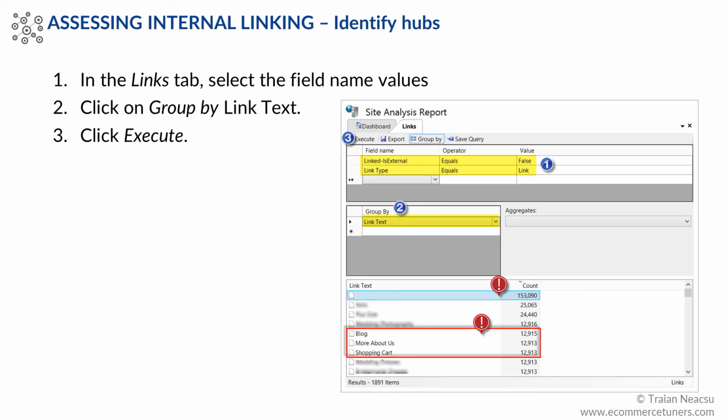In the New tab, select the field name values as depicted in this image. In the Group tab, select Link Text from the dropdown. Then click Execute. There you have it. This is the internal anchor text distribution for the entire website.